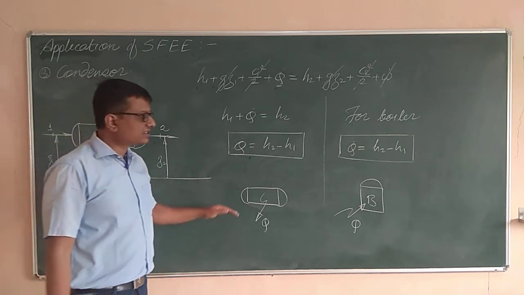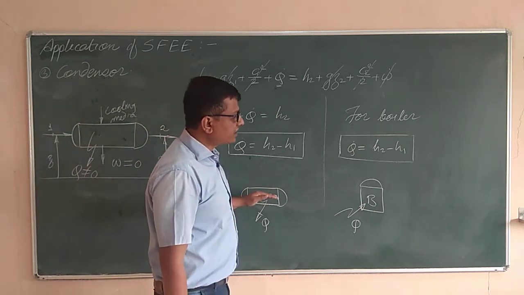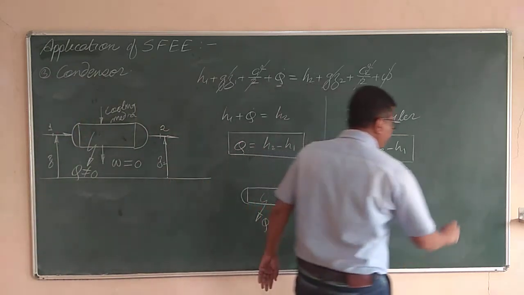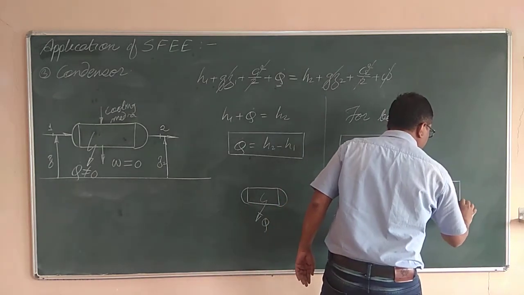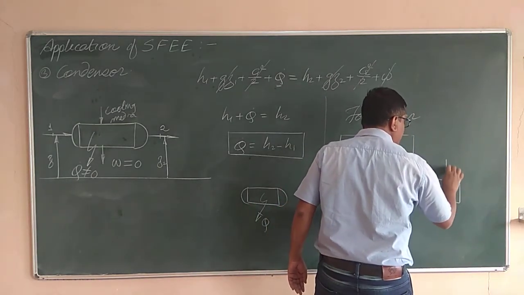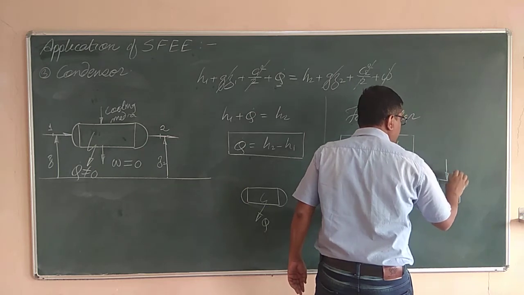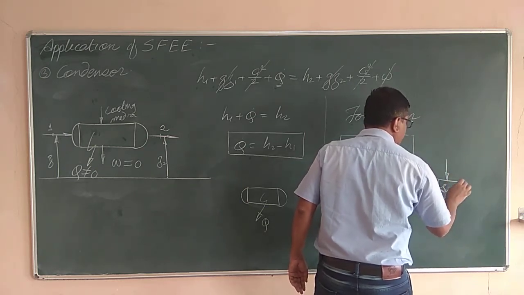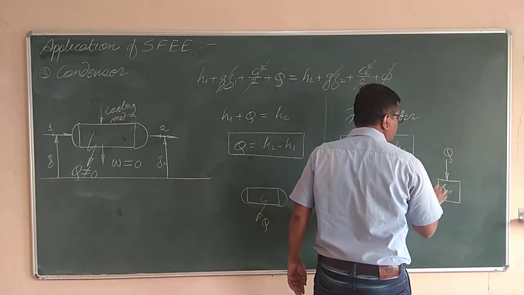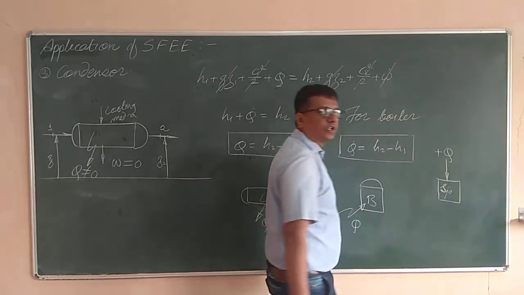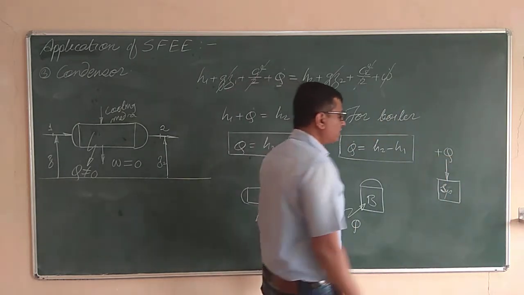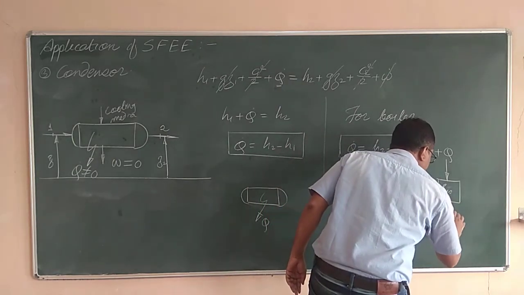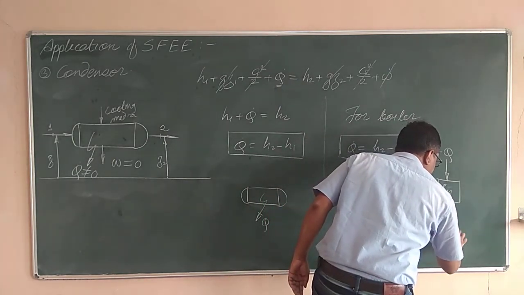And we have already seen the sign conventions. The sign convention says that for any thermodynamic system, if heat is given to the system, then the heat transfer is positive. If heat is rejected by the system, that is the negative heat, minus Q.